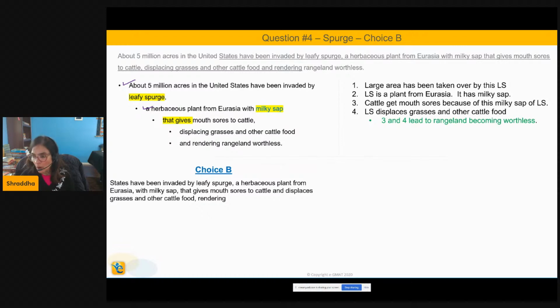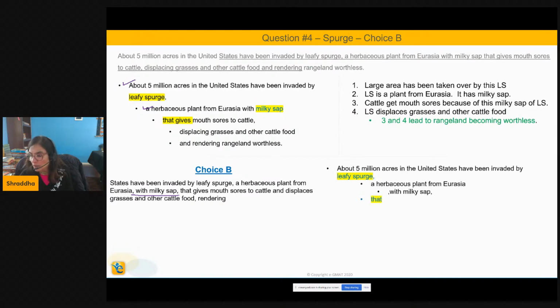So here, what's happening is that with milky sap, if you take a look at it, it has been put between two commas, right? It has been put between two commas. So, with this comma pair, what happens is that the modifier gets a little liberty to jump over to talk about a herbaceous plant or a leafy spurge. Both are the same thing. Okay.